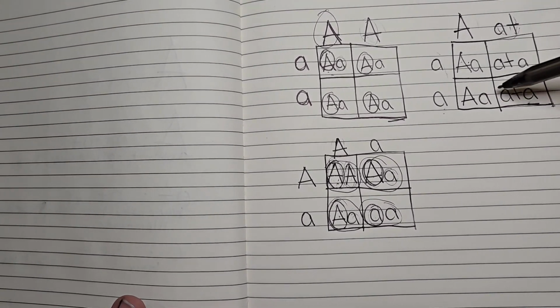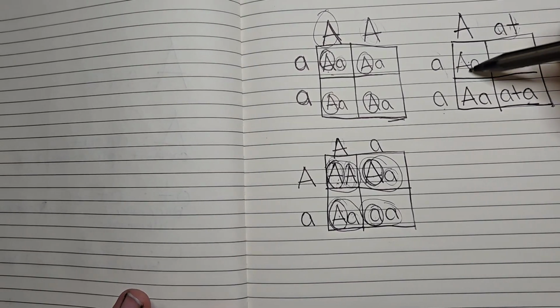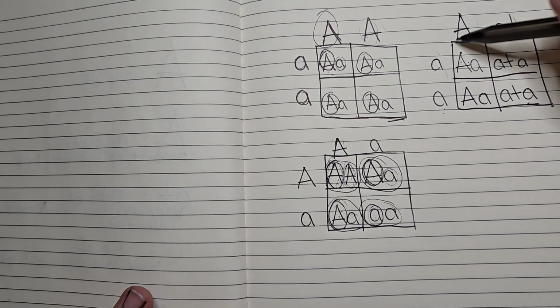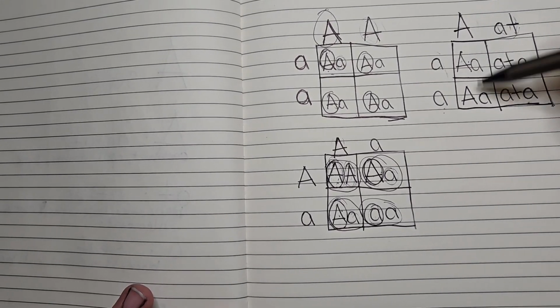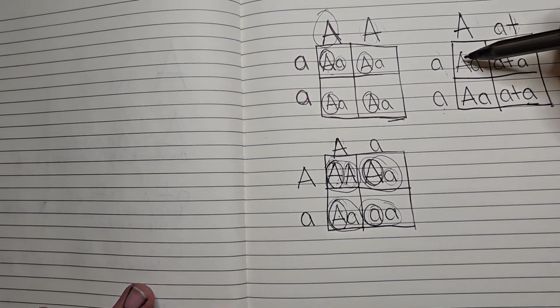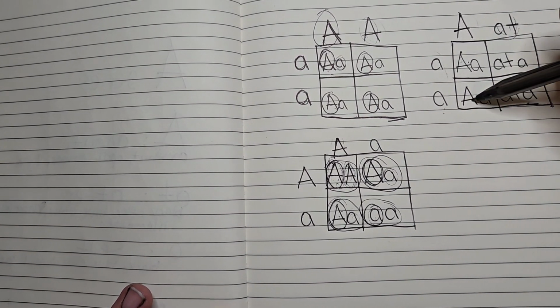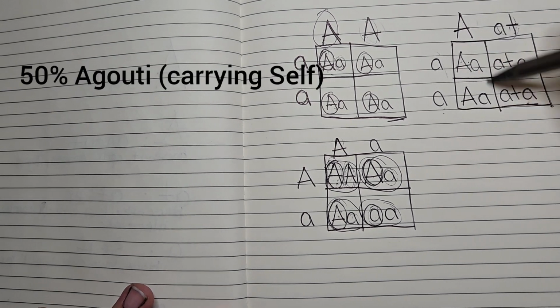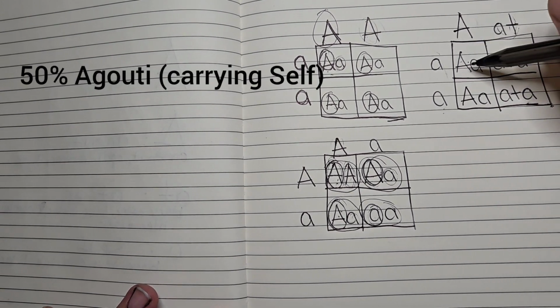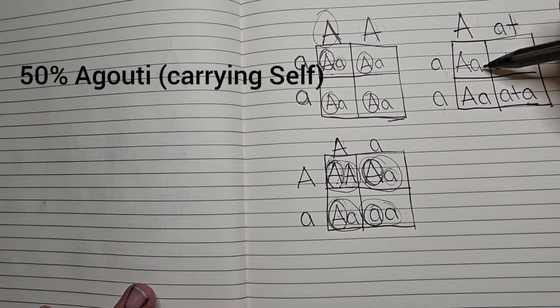So 50% of the litter will be agouti carrying self, because if you look at our box here, you can see what our outcomes are going to be. We have 2 big A, little a boxes. That means 50% of our litter will be agouti carrying self.